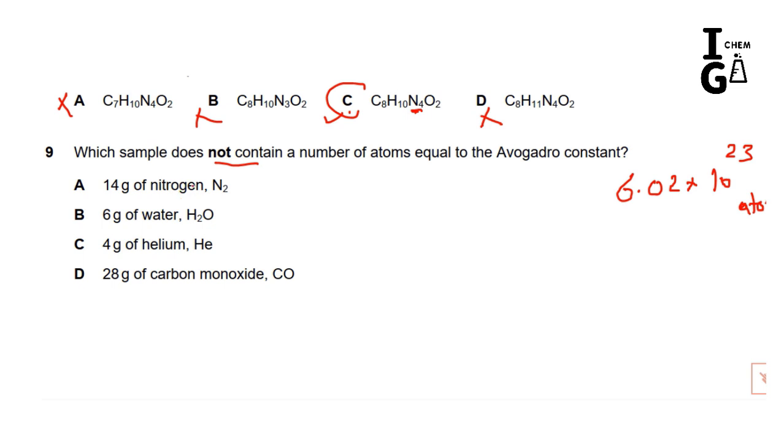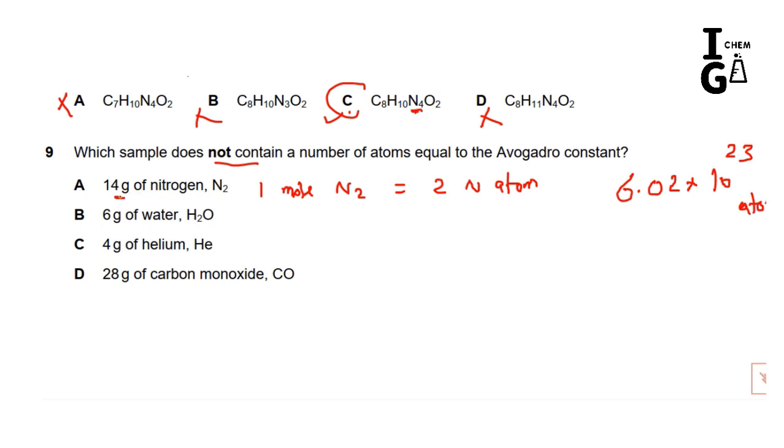Here we have 14 grams of nitrogen N2. Let's see how many atoms in this. Every 1 mole of N2 contains 2 N atoms, because it's N2.